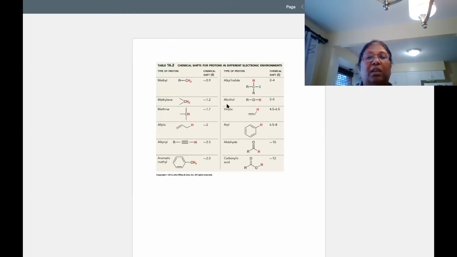So always use the table and do not isolate your information. You have to make sure that every piece of information given is working in harmony. And only then will you know that your structure is right. Can you move it up a little?